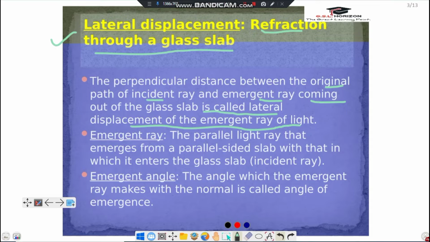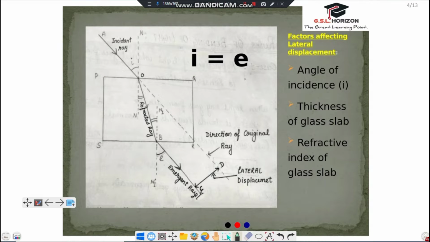The perpendicular distance between the original path of the incident ray and the emergent ray coming out of the glass is called lateral displacement. This one is the emergent ray and this one is the original path of the incident ray, and the perpendicular distance between them is called lateral displacement.